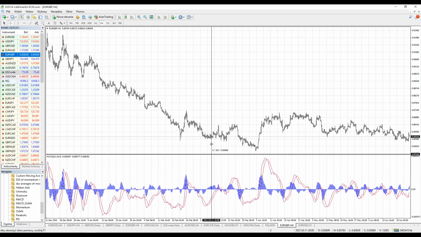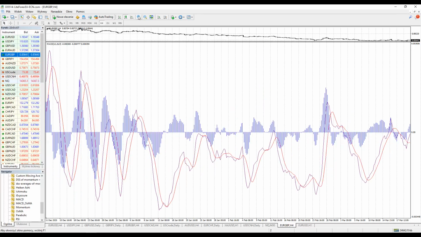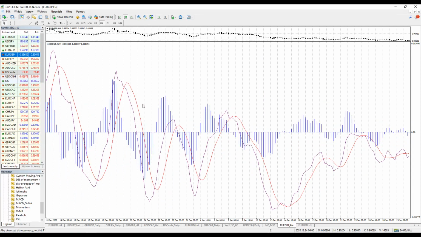So let's discuss what we have here when it comes to the MACD. First thing first, as I mentioned at the very beginning, we are talking about the zero point, so we have the line over here.